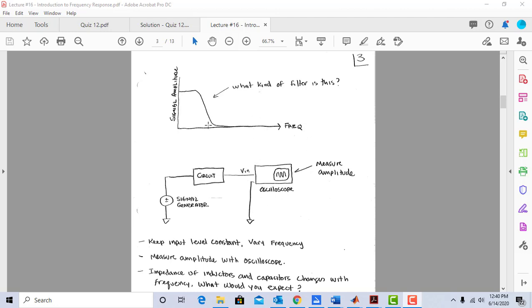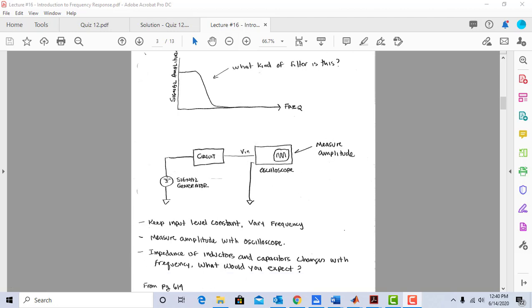Let's look at how we might generate this plot, and we're going to do it with the stuff that we have in our 430 labs. A signal generator, this is an AC signal generator. Here's the circuit that I want to test. This is the gizmo that's given us this frequency response. And we're going to go into an oscilloscope. Here are the rules.